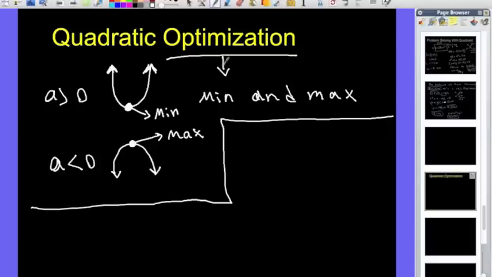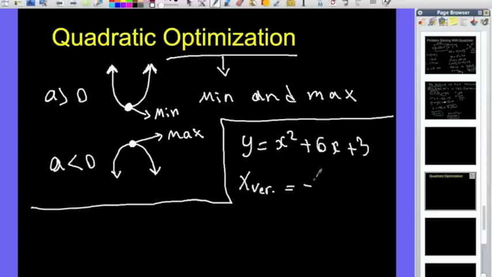If they ask us to find the maximum or minimum value of the equation of the quadratic, something like y equals x squared plus 6x plus 3. Since this is the second form, we know that in order to find the x vertex, we have to use the formula negative b divided by 2a, right?